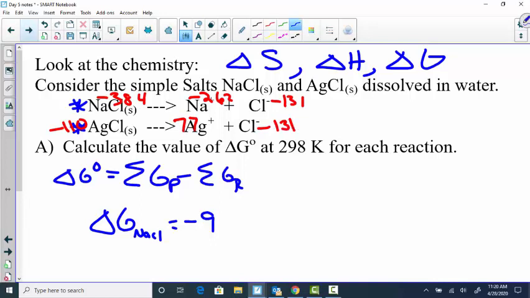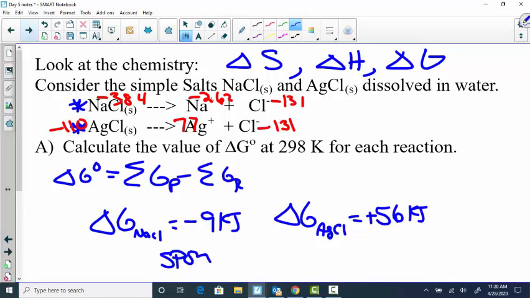If you calculate the delta G for that, that delta G comes out to be a positive 56 kilojoules. This was kilojoules. So just looking at those two things, this is spontaneous, this is non-spontaneous.